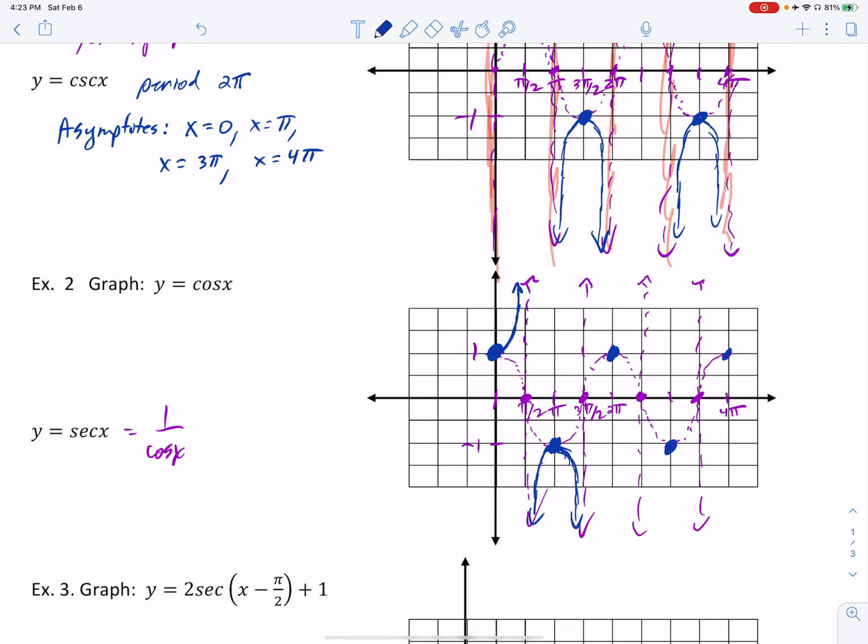And when I get to 2 pi, if I stopped right there, I'd have one full period of secant. It's kind of awkward. We're stopping kind of in the middle, halfway in between the asymptotes, but that is one period. Then if I continue to draw a second period, try to make it look curved. That's not my best effort there.